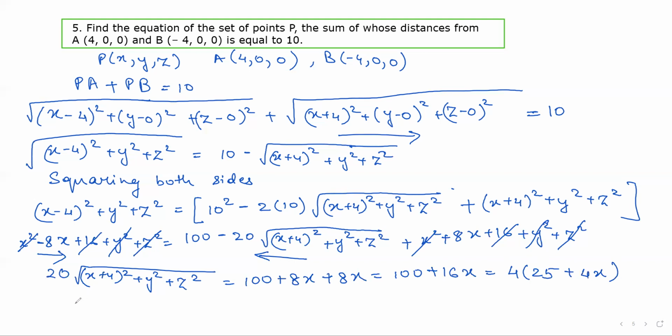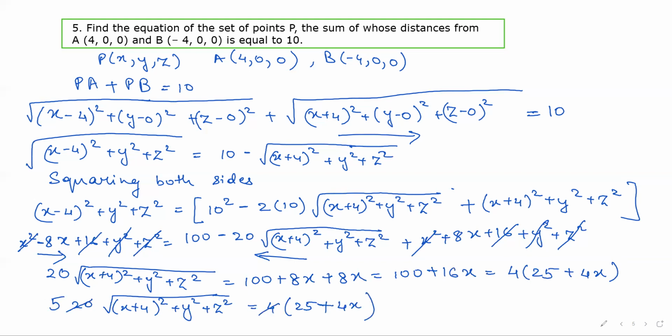Okay, so now 20 root of (x plus 4) whole square plus y square plus z square is equal to 4 (25 plus 4x), 4 into 5.